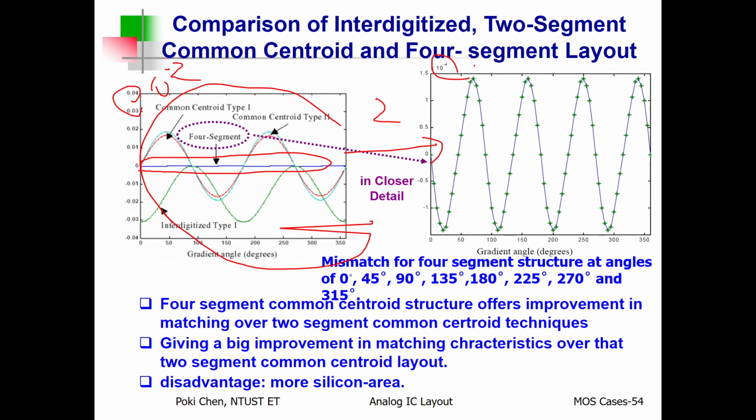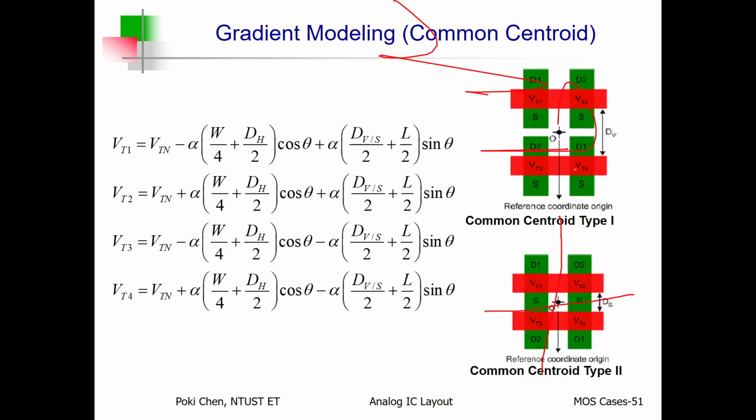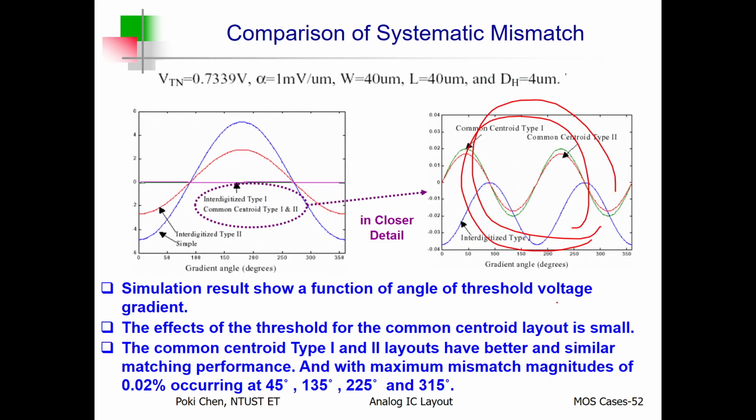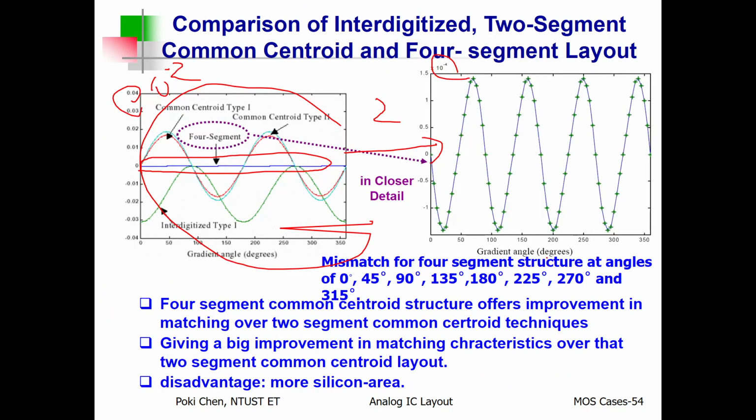Wow, wow. You will see again to enhance the symmetry. The symmetrical axes for those two are only two, right? We double it to make four symmetrical axes, and then the result is enhanced by two orders. It means the mismatch error is reduced by 100 times.